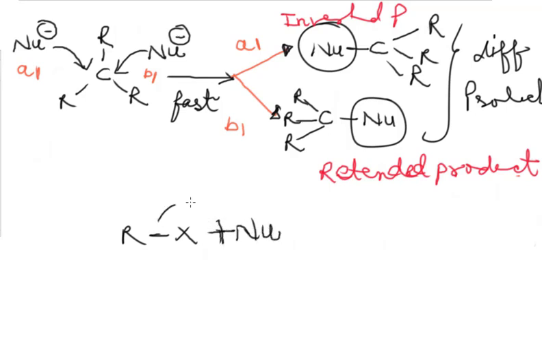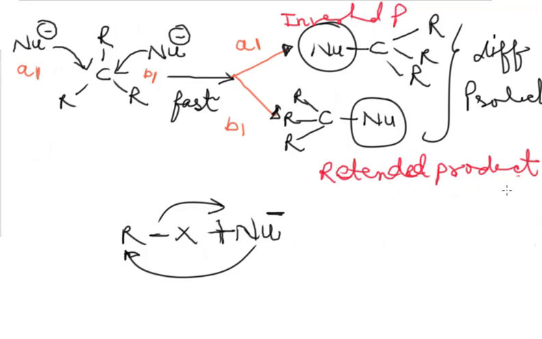This is the direction of removal of the halogen and this is the direction for the addition of the nucleophile. So these are in opposite directions, that's why it is known as the inverted product.